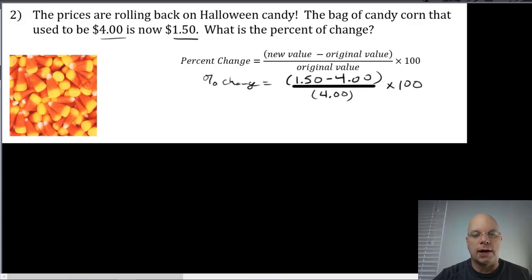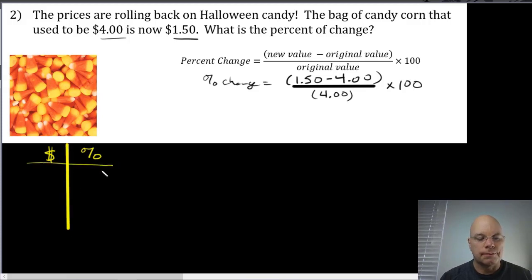I'd like to also show you how these can be done very easily with a percent table. So we're comparing dollars to percent. The $4 price is the original price, so that's the 100% amount.